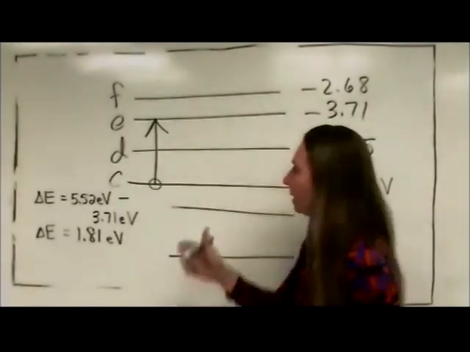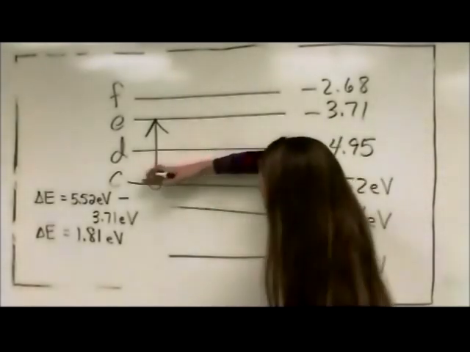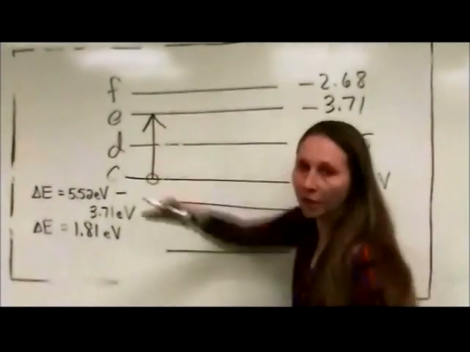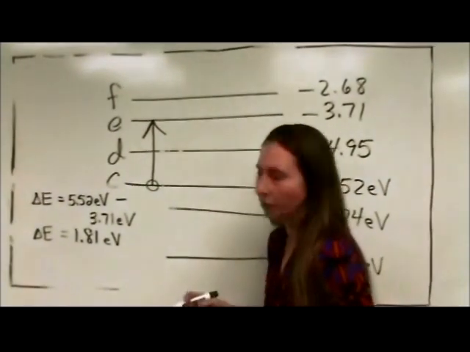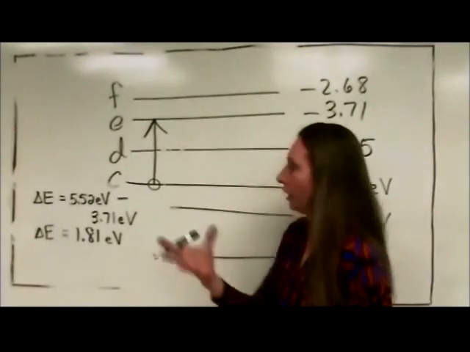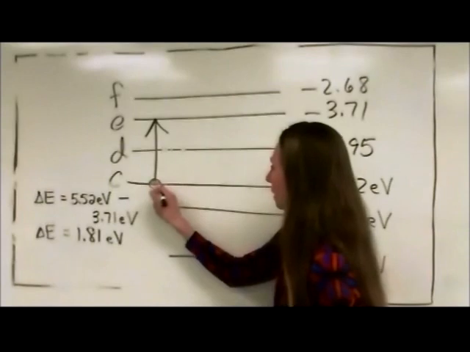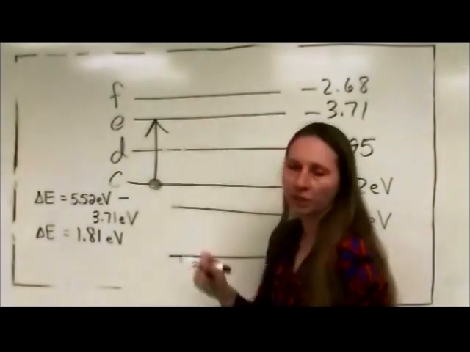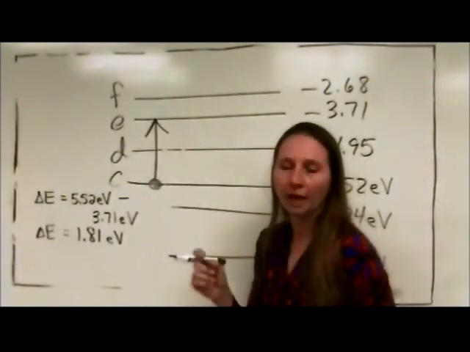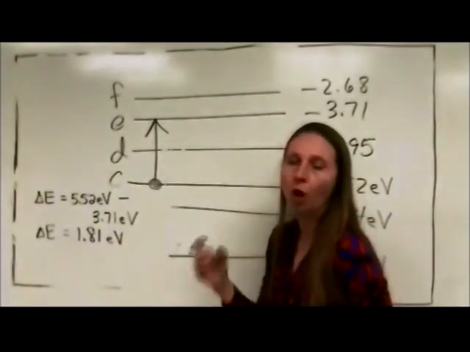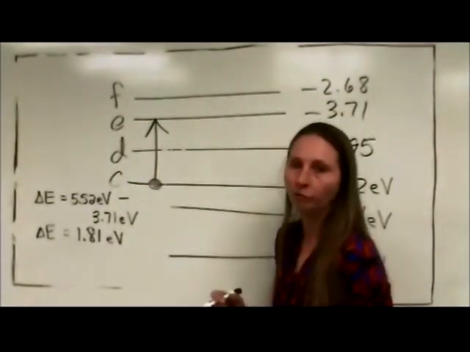It has to be an exact interval, the exact difference in energy between two energy levels, in order for the electron to be able to absorb the photon and go exactly precisely to a different energy level. In this case, from C to E. It would have to absorb a 1.81 electron volt photon.